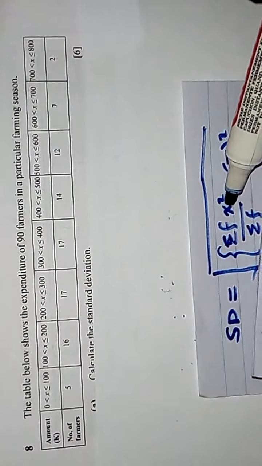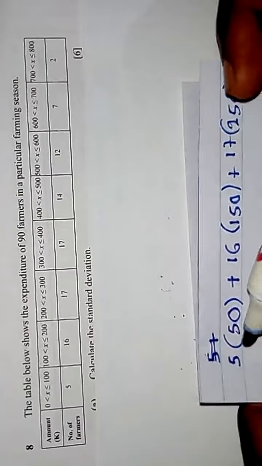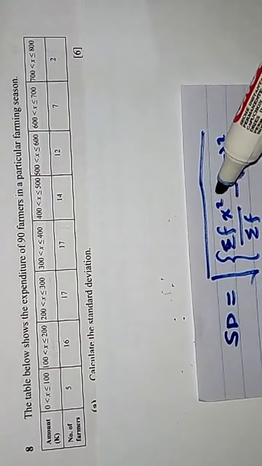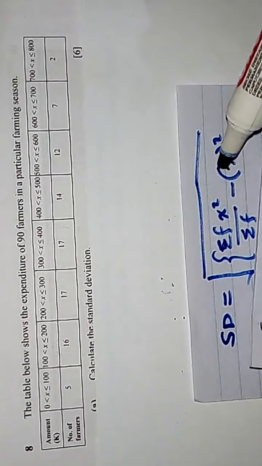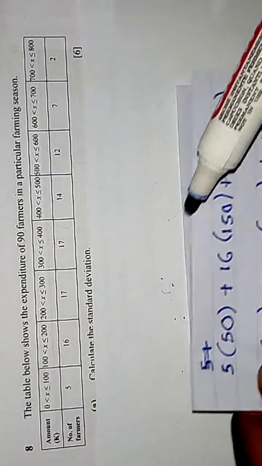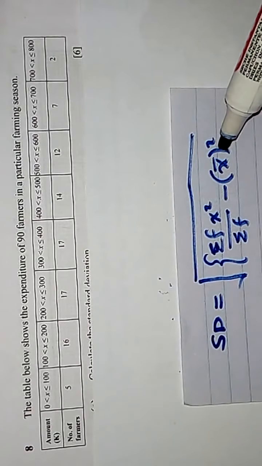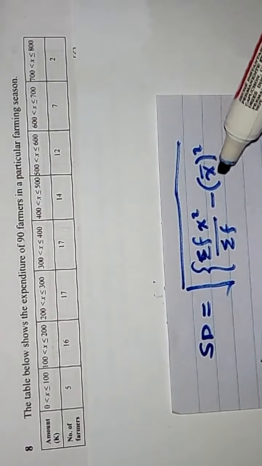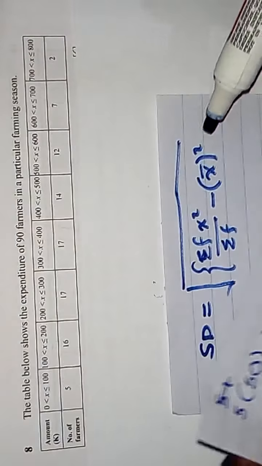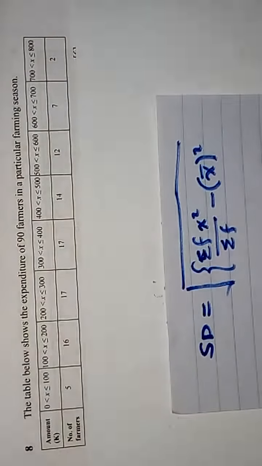This x is the midpoint. Square the midpoint, and then subtract the mean you found. Now don't just subtract directly, square that mean and subtract.